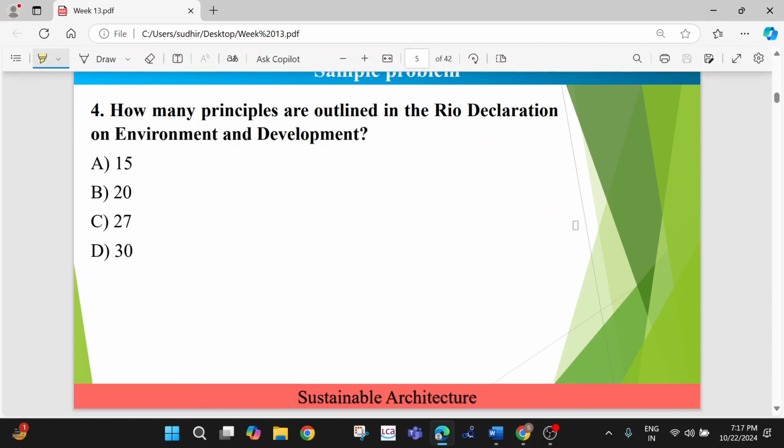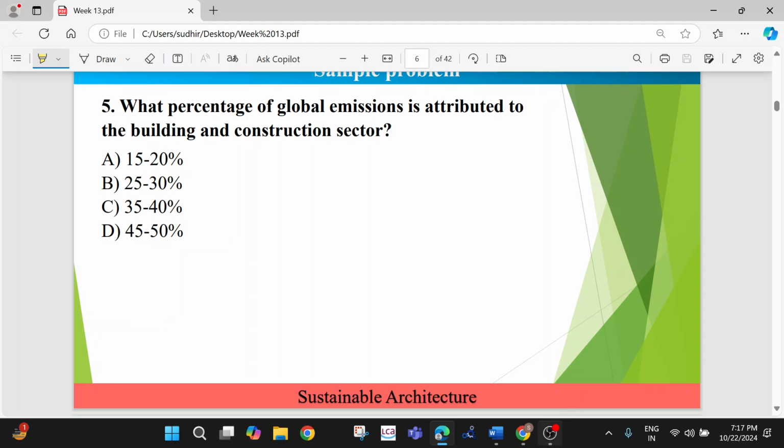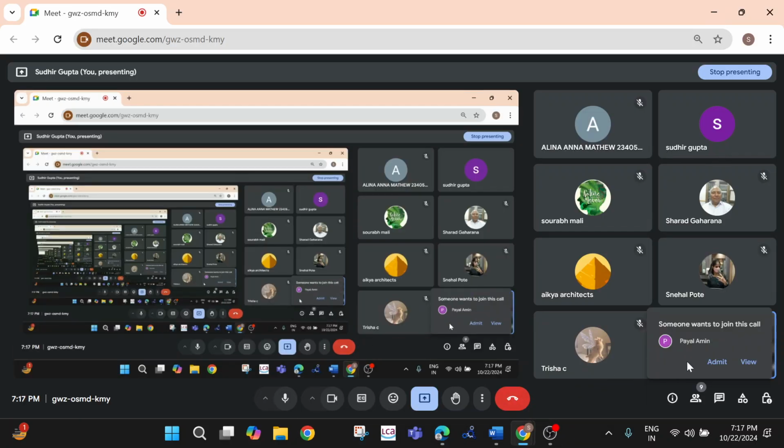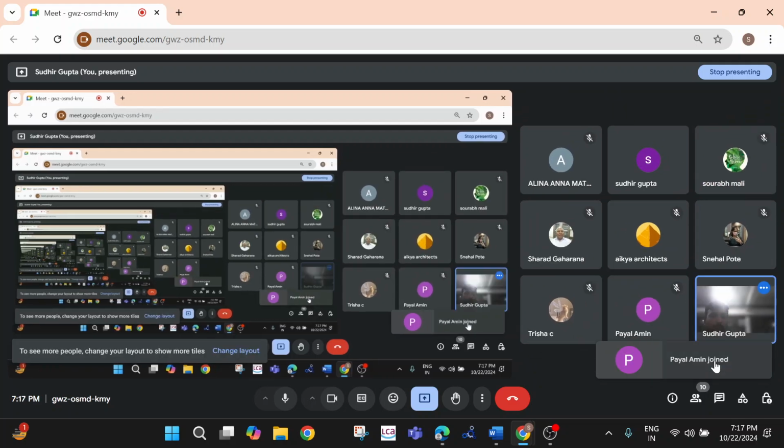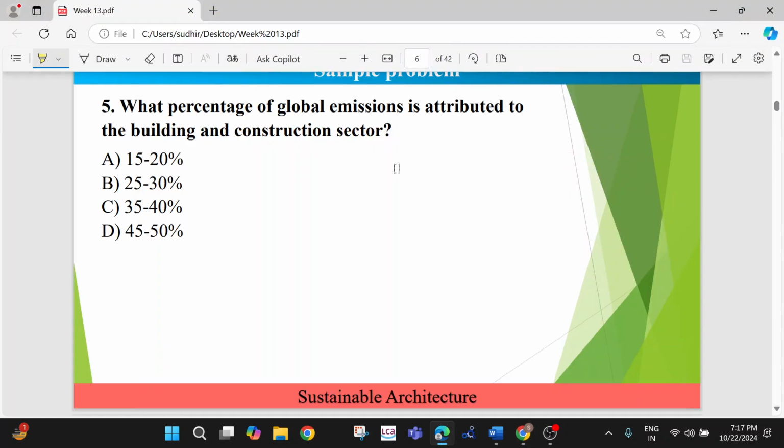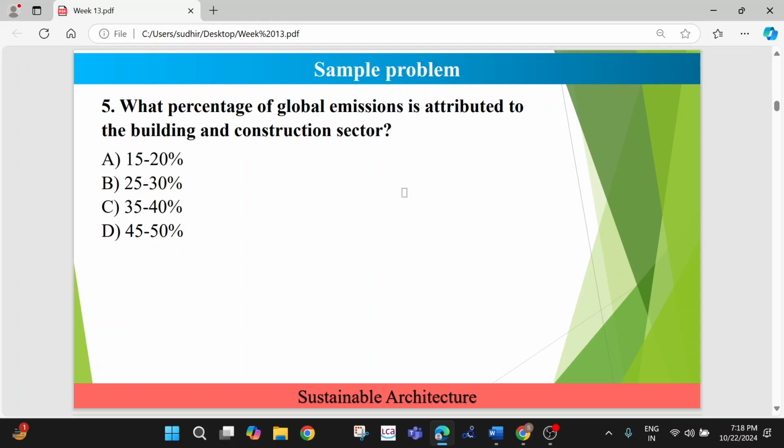So here's the next question for all of you. What percentage of the global emission is attributed to the building and construction sector out of the four options? 15 to 20%, 25 to 30%, 35 to 40%, or the last option, 45 to 50%?